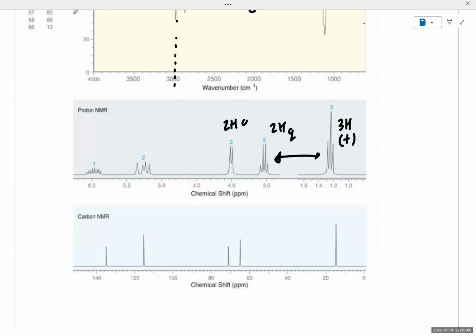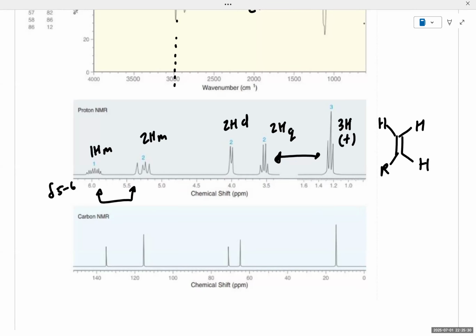A 2-hydrogen doublet, a 2-hydrogen multiplet, and a 1-hydrogen multiplet. These protons in the chemical shift range value of 5 to 6 would correspond to alkene protons. This suggests we have some R group and 3 alkene protons.